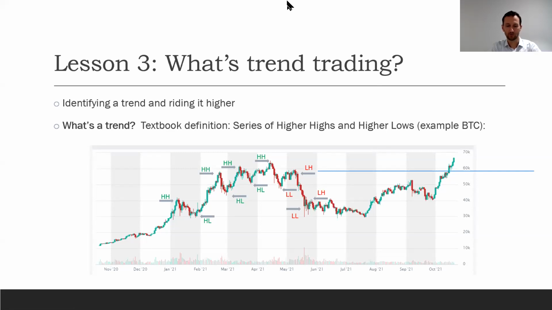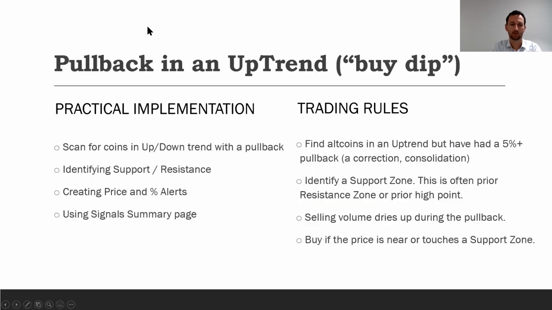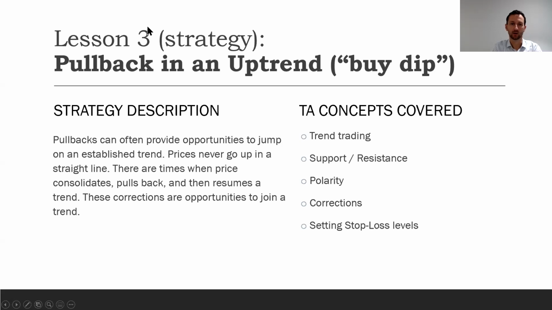So what we're going to try to do is find those coins that have that uptrend and are experiencing that dip, and identify the support area where we should be buying, where it's most likely to bounce off of.